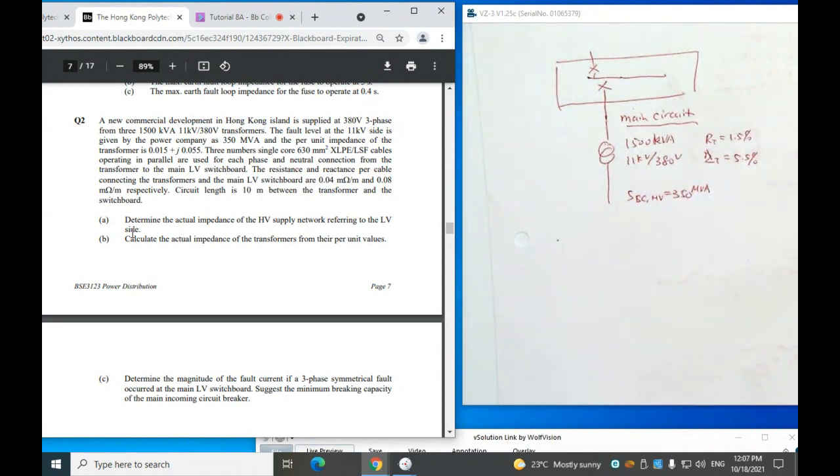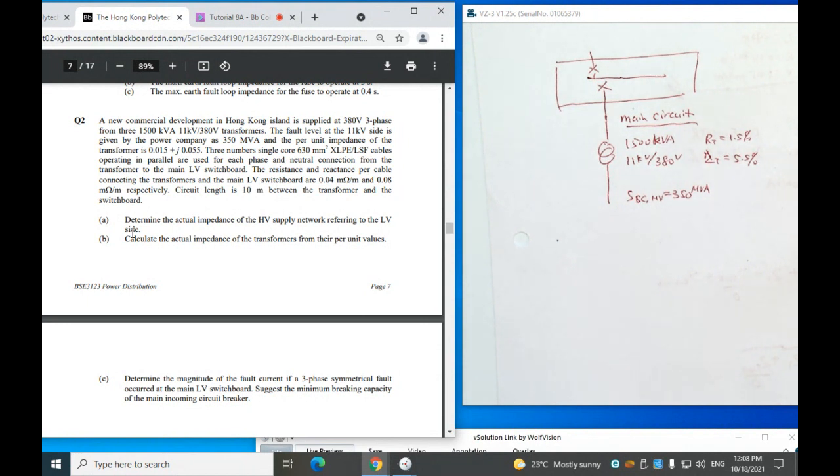It is made of single core cables. This is a three-phase circuit, so at least we have one cable for L1, one for L2, L3, and one for neutral. So at least we need four conductor cables.